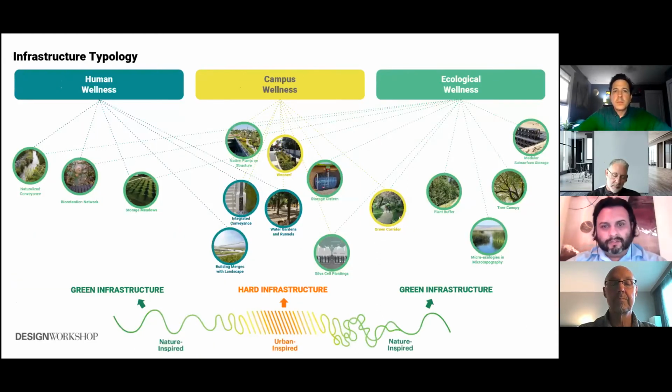And then how these different elements are basically tied back to that infrastructure typology, and they're intertwined with one another as we start looking at those benefits, those benefit overlays.